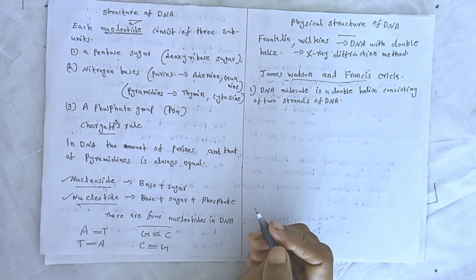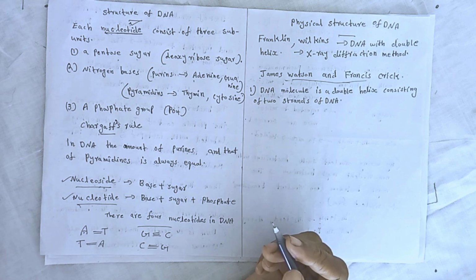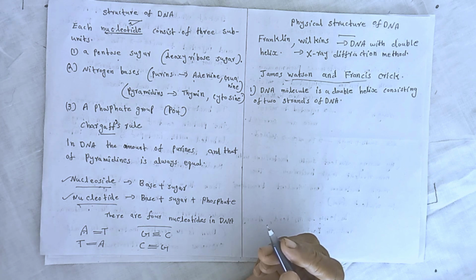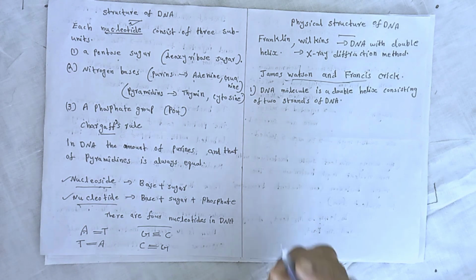Next, the arrangement of the two strands is anti-parallel. The sequence of nucleotides goes up in the 5 prime to 3 prime direction in one strand, and the other strand comes down in the 3 prime to 5 prime direction.